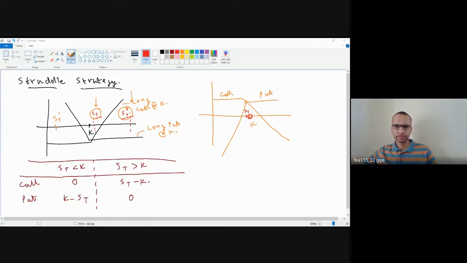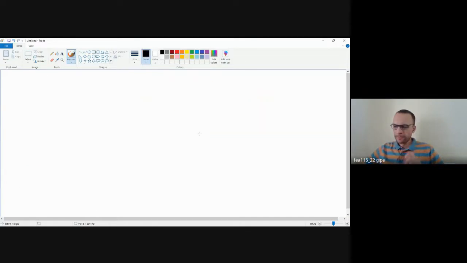Okay. So, this was straddle. We can do a strangle as well. Again, I'm going to mix up two options, call and put. Only thing is, for a strangle, I'm going to look at two different strikes.